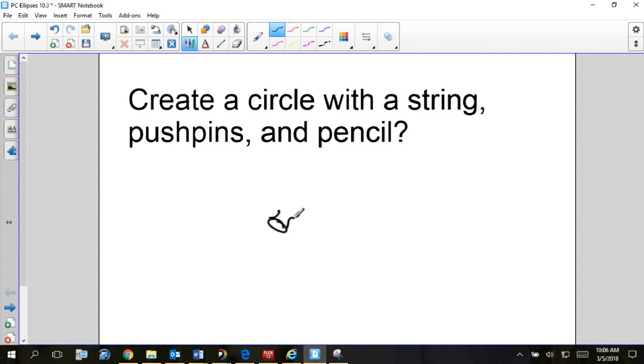I can't draw it! There you go. There's my pin. So, you attach that to the string. And then what?